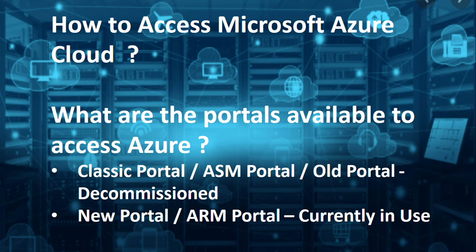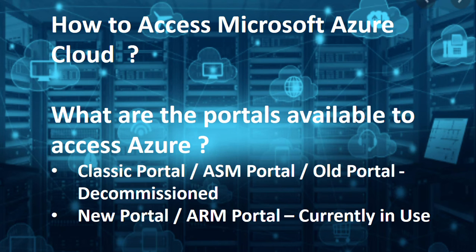Yeah. Now we know what service models are available in Azure, right? So what is the next thing? You know cloud services now. I'm eagerly waiting to access them. Okay, so we need to access the cloud services, right? So how to access Microsoft Azure Cloud? As I said, guys, accessing any cloud service is pretty simple, but the basic prerequisite is you should have internet on your system.